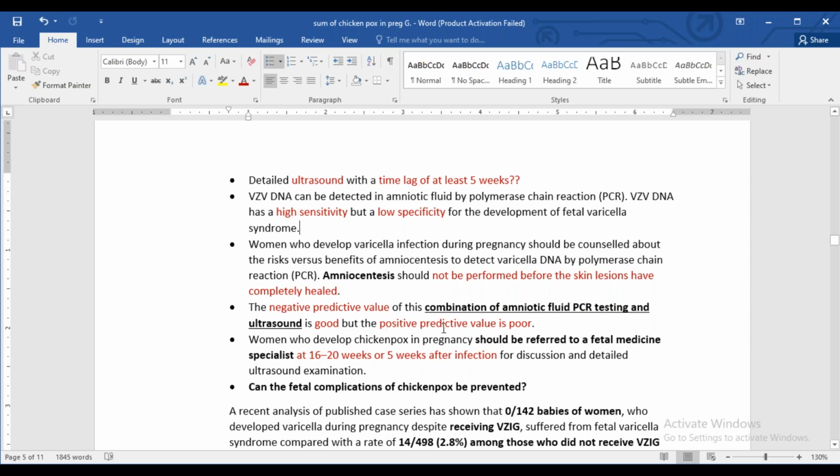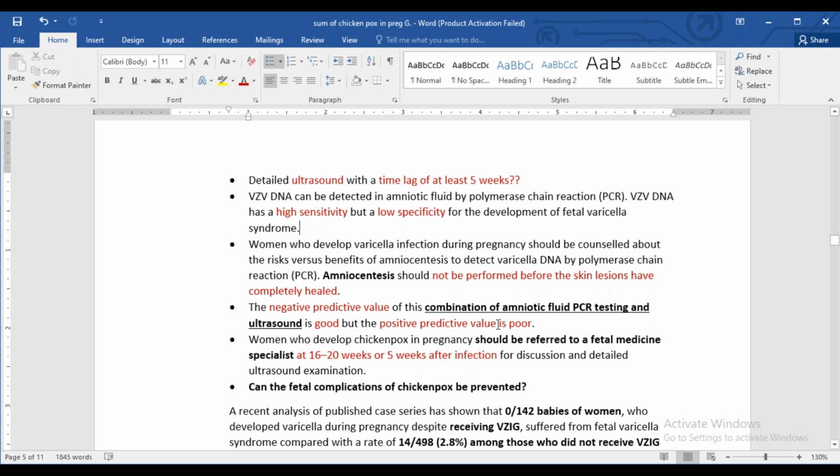Positive predictive value is poor and negative predictive value is good. That means if both tests say no, it's no. But for the positive predictive value, one of the tests or maybe both say that the baby has varicella infection, but it comes out negative.